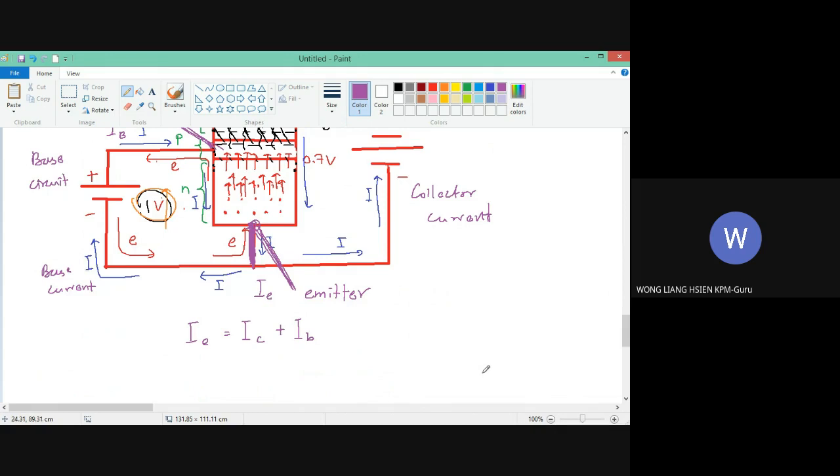So if the collector current is 1 ampere and the base current is 0.1 ampere, the emitter current will be 1.1 ampere. For example.